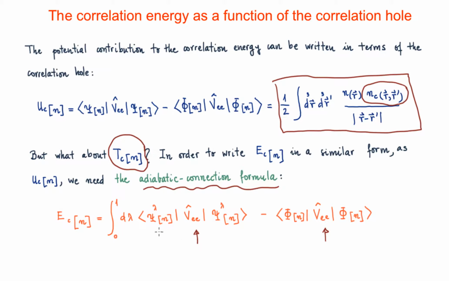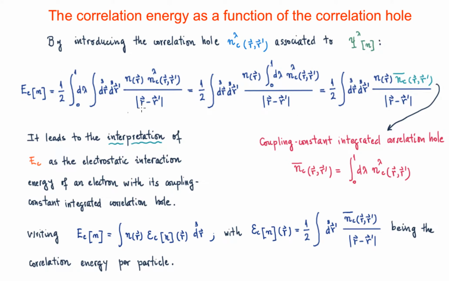And the bad thing is that we need to do this average for different lambda from 0 to 1. So what we can do is write that difference in the same way as we did here, but for different lambda, so that instead of writing the difference just as a function of the reduced correlation hole, we write it as a function of a lambda-dependent reduced correlation hole. This is what we have here.